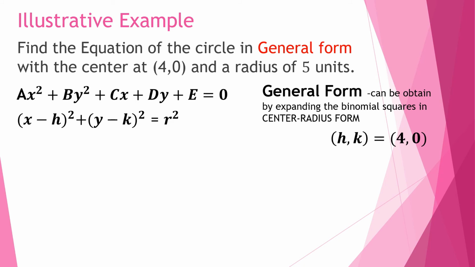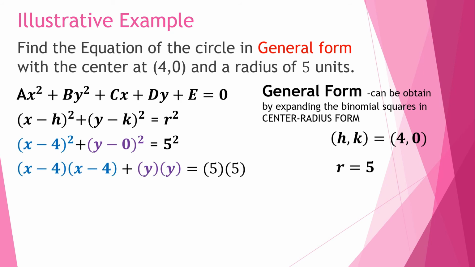So we have to identify the h and k, which is the center, (4, 0), and the r, which is 5. Then we use this h, k, and r to replace the h, k, and r in our center-radius form. That will give us (x - 4) squared plus (y - 0) squared equals 5 squared. Then, to write it in general form, we expand the binomial squares.